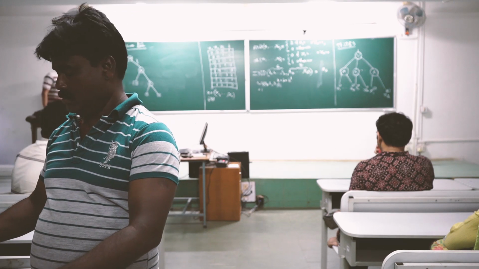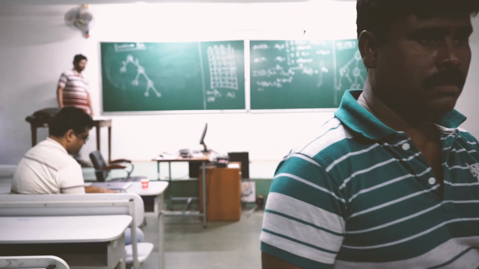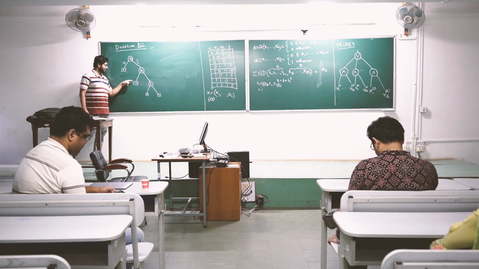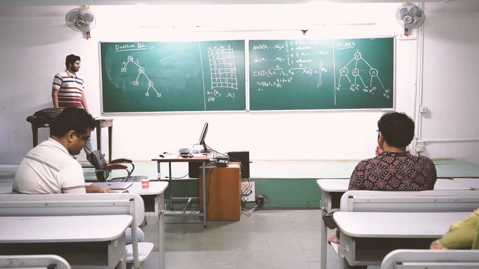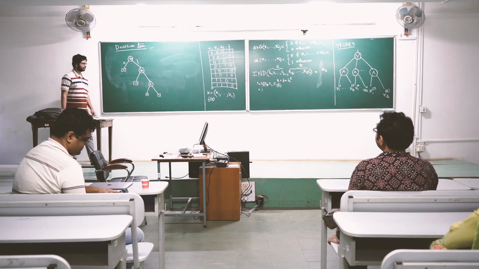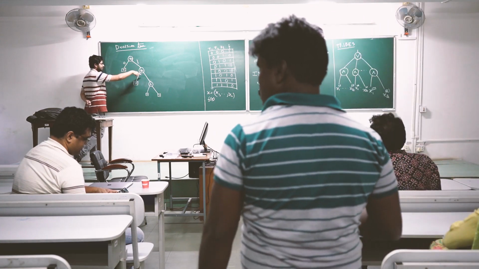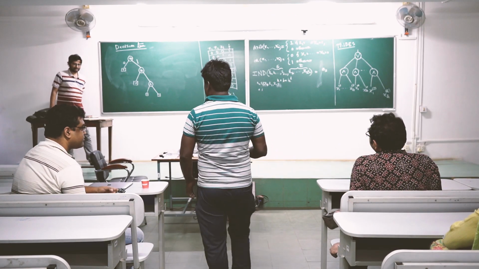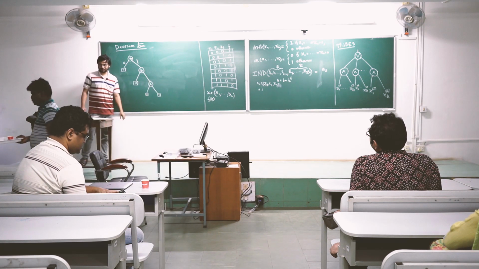What does it do? It's a binary tree. It's a full binary tree. A node is either a leaf or has 2 children. There is no node with 1 child. Each internal node is labeled by a variable, and each leaf is labeled by a bit, a 0 or a 1.